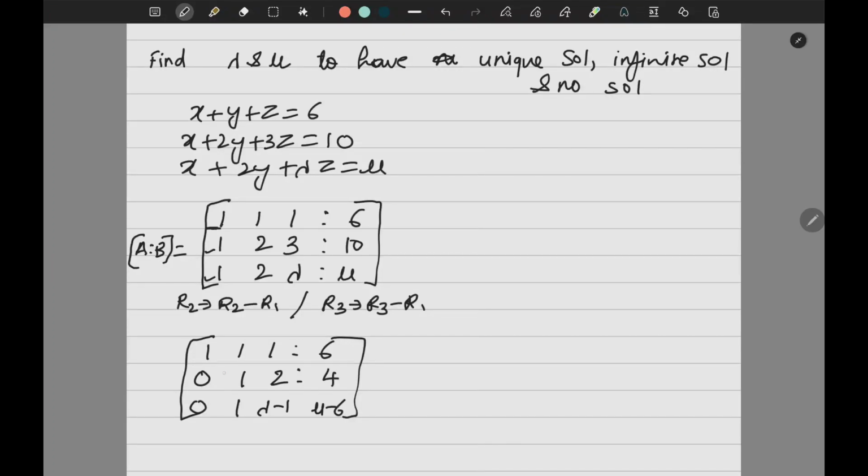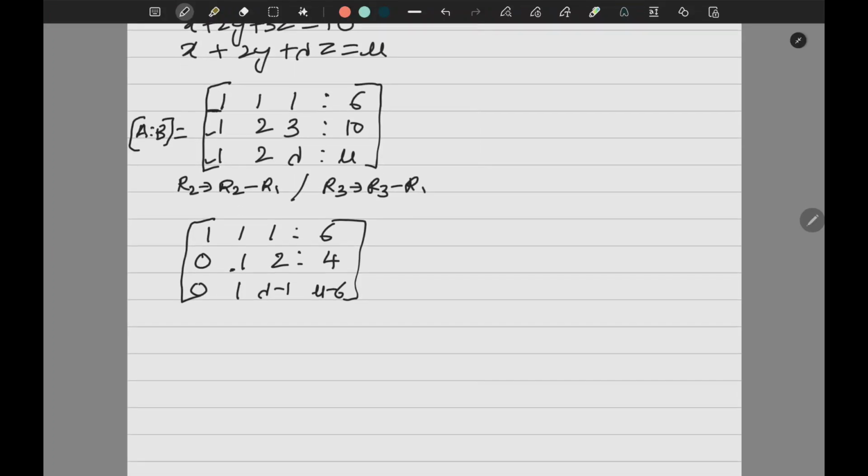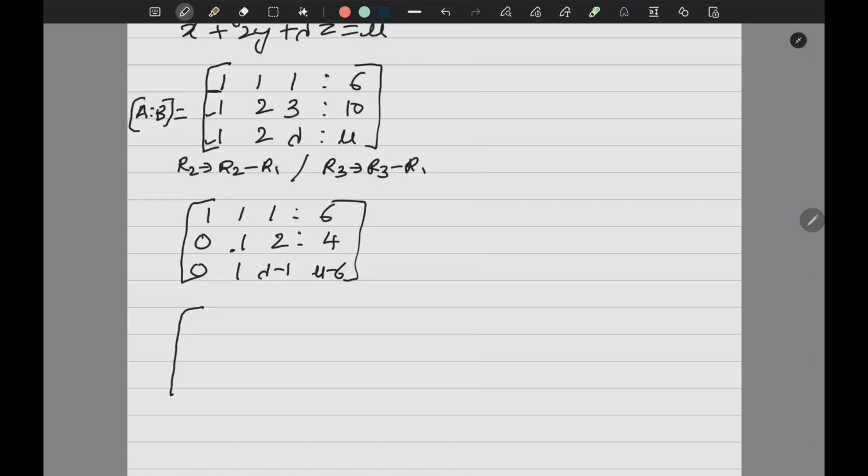So move diagonally and use this number to make the number below it 0. Which operation is best? In R3, I will apply R3 minus R2.